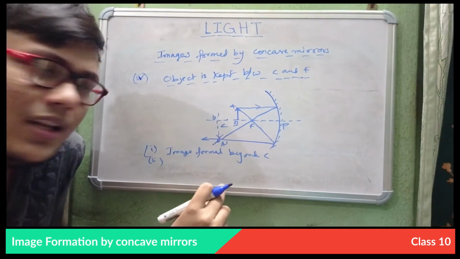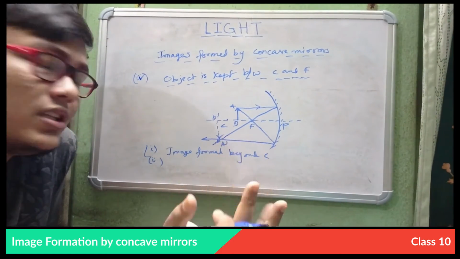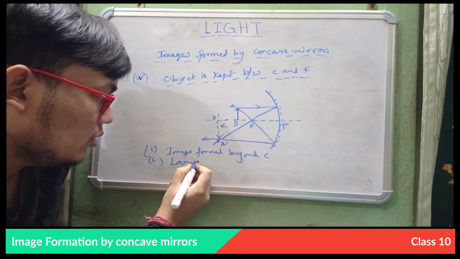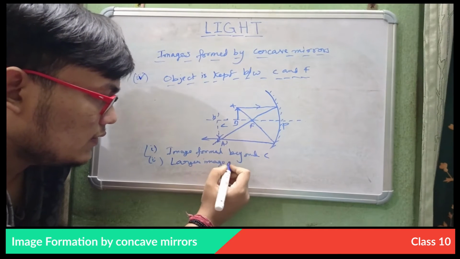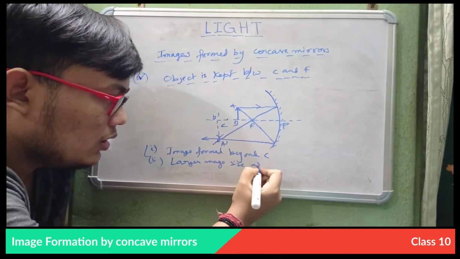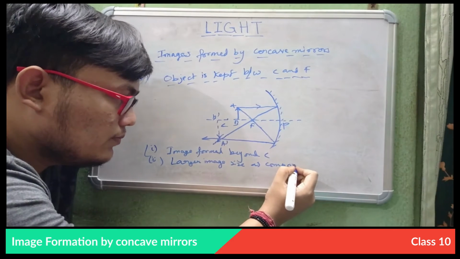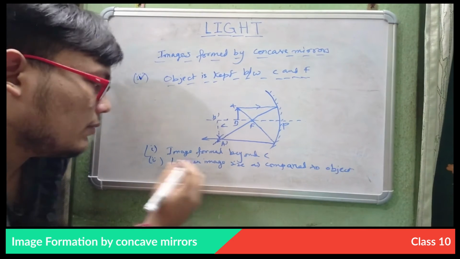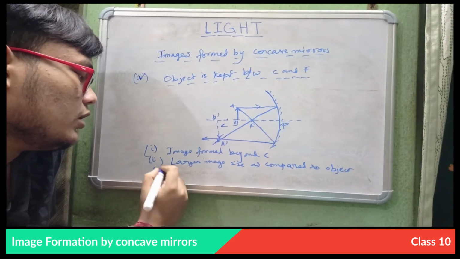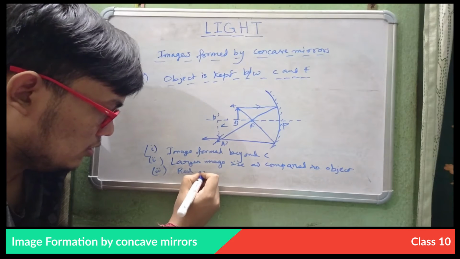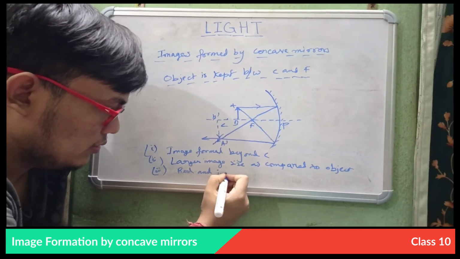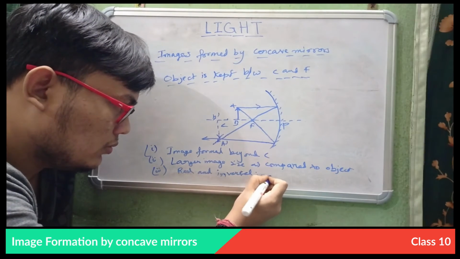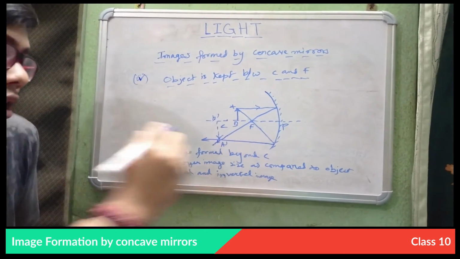It is also inverted, and it is obviously real as it is formed on the same side of the mirror. So a larger image compared to the object, and same as the previous ones, a real and inverted image.